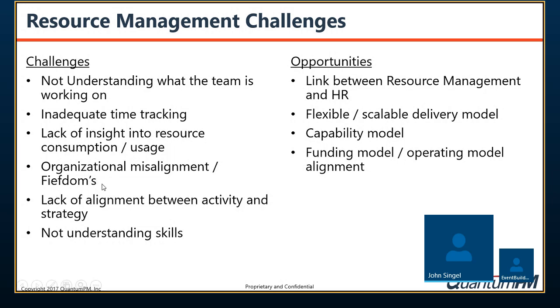Organizational misalignment and fiefdoms. That's a big one as well. You see a lot of organizations which have vertical silos that grew through acquisition, and it's really frequent that, as a result of those individual fiefdoms, there's not a lot of horizontal collaboration across the overall organization. The other place this can help you is, we talked about different types of resources.